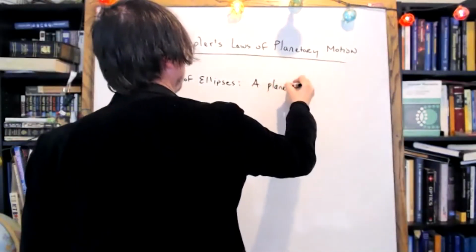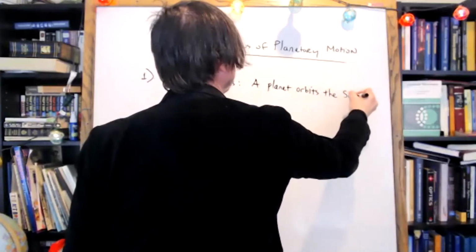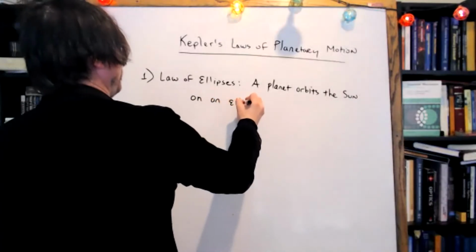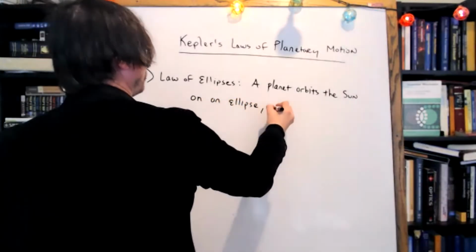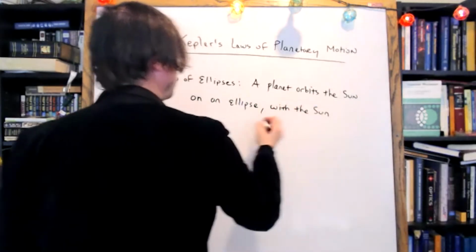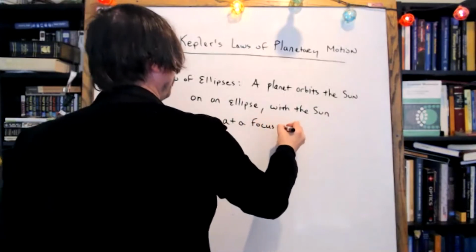A planet orbits the sun on an ellipse with the sun at a focus point.